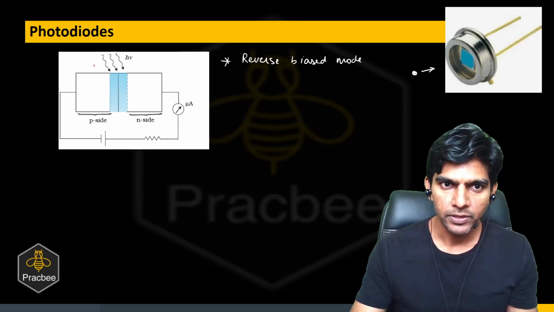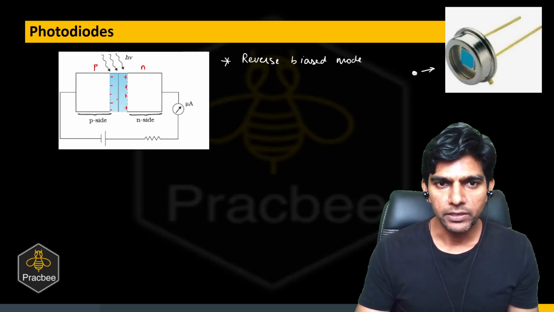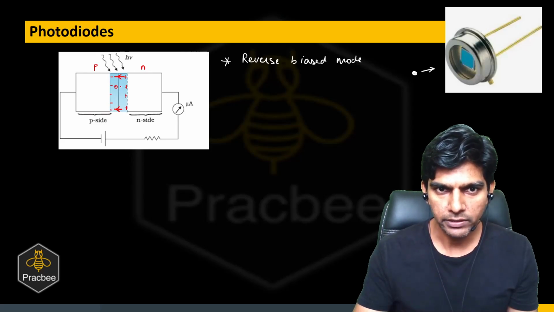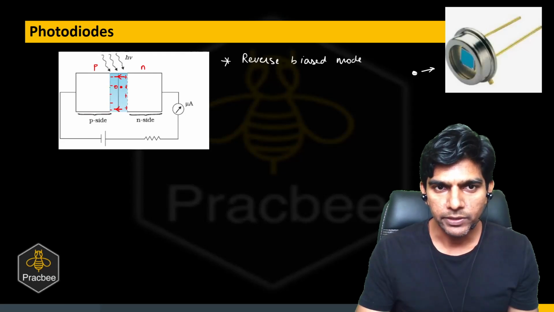Let's say this is the p side, this is the n side. Here we have the positive donor cores, and here we have the acceptor cores, and the field is in the left direction. So if an electron hole pair is generated, the hole will experience a force in the left direction, and the electron will experience a force in the right direction.